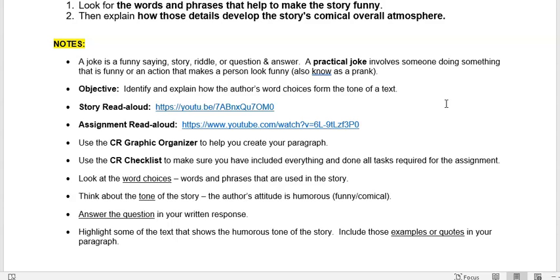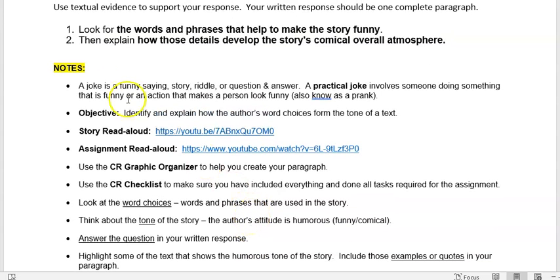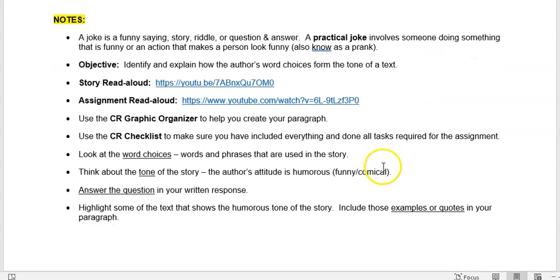Remember, you want to look at the word choices, words and phrases that are used in the story. We did that. Think about the tone of the story. The author's attitude is humorous, funny, comical. We talked about that a little bit. Answer the question in your written response. Explain how those details develop the story's comical overall atmosphere. And we highlighted some of the text that shows the humorous tone of the story. You want to include those examples or quotes in your paragraph.